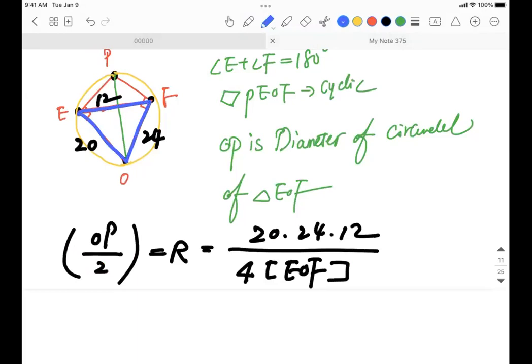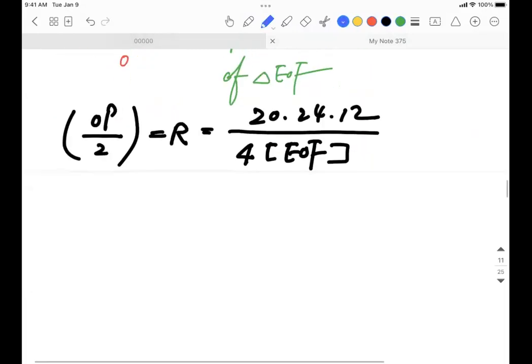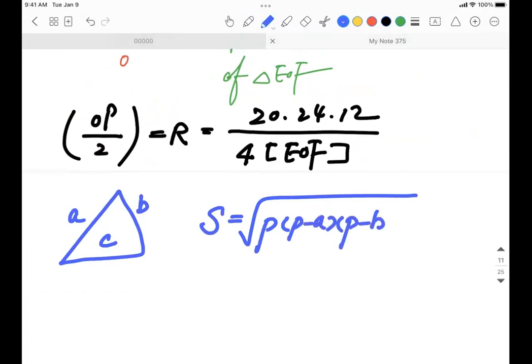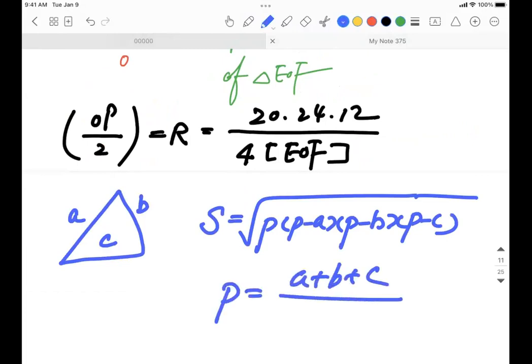I don't remember it. Heron's formula means if I have a triangle with three sides A, B, C, the area of my triangle will be the square root of P times (P minus A) times (P minus B) times (P minus C), and P is A plus B plus C divided by 2. Did you guys know this?